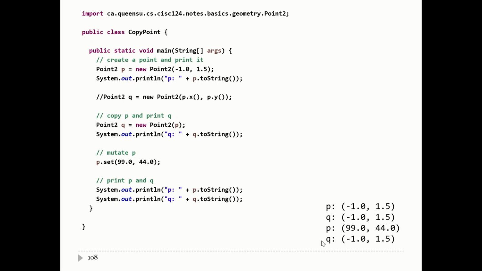So P and Q really are two independent objects with their own independent state. How does it work? The P object has its own x and y field, and the Q object has its own x and y field. Changing P doesn't change Q. And that's why we make objects. So you have multiple instances with their own independent states.